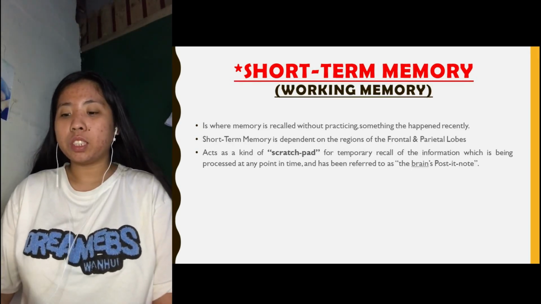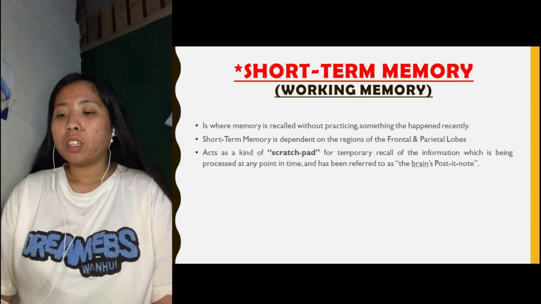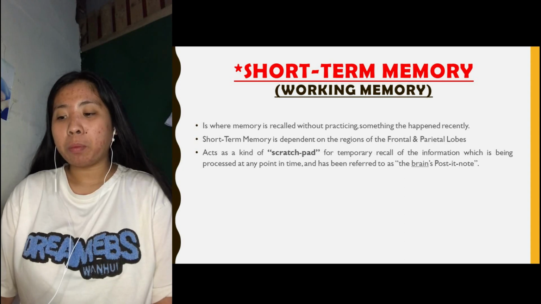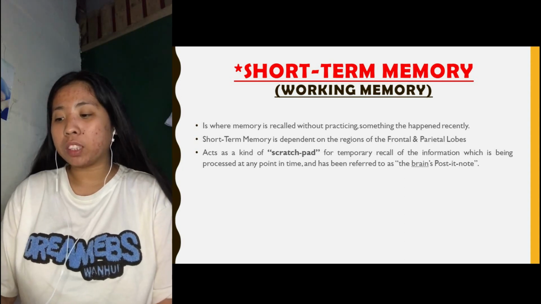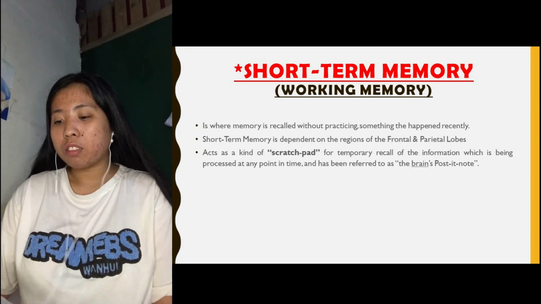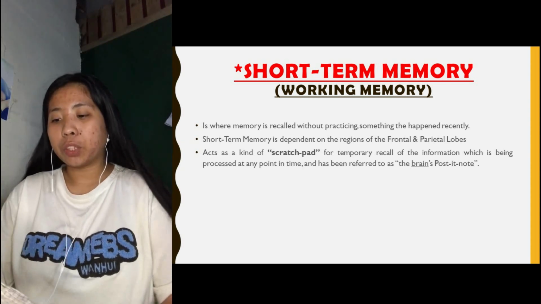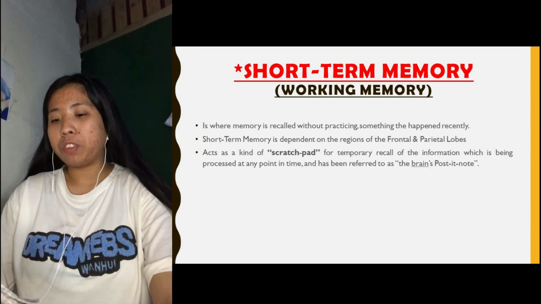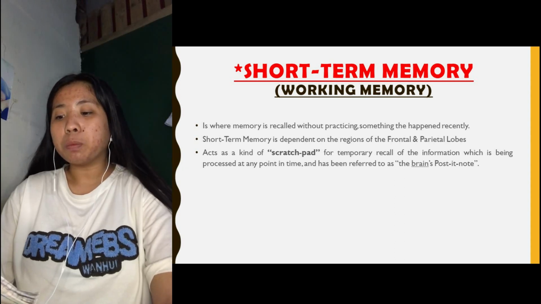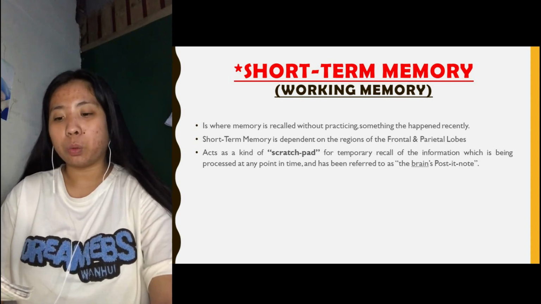So let's proceed to short-term memory or the working memory. Short-term memory is where memory is recalled without practicing something that happened recently. It is dependent on the regions of the frontal and parietal lobes. It is a kind of sketchpad for temporary recall of the information which is being processed at any point in time and has been referred to as the brain's post-it note.